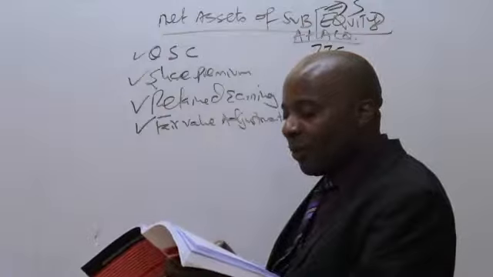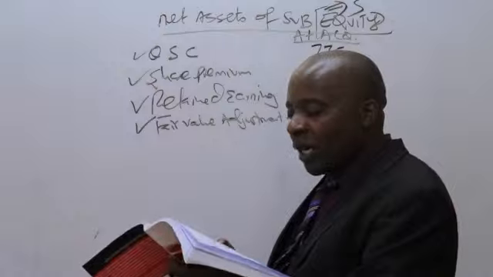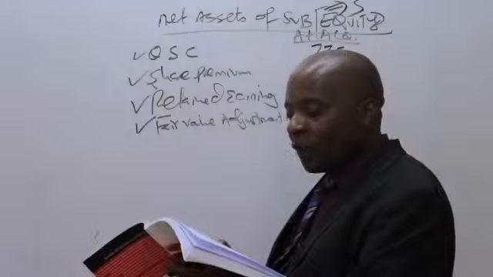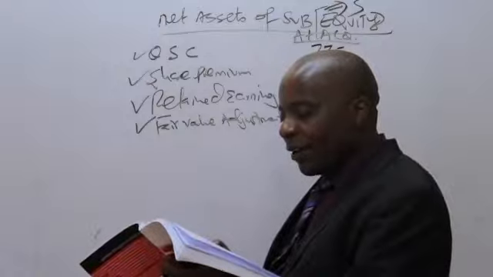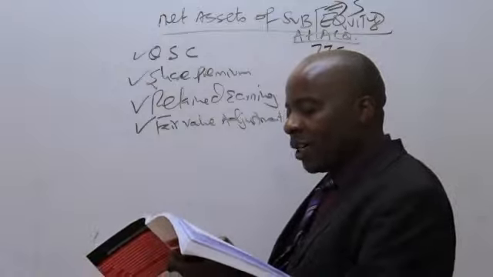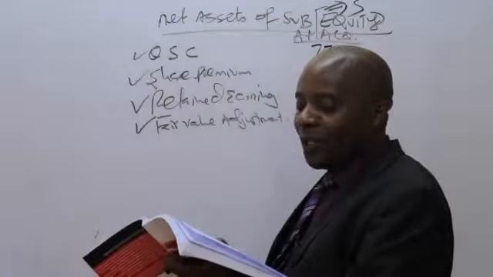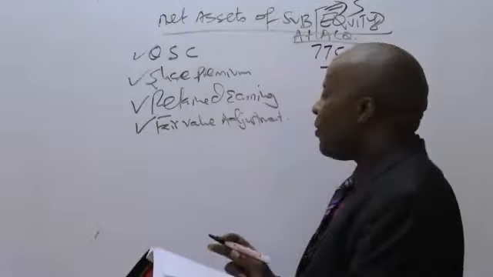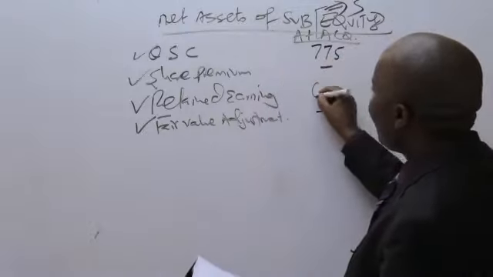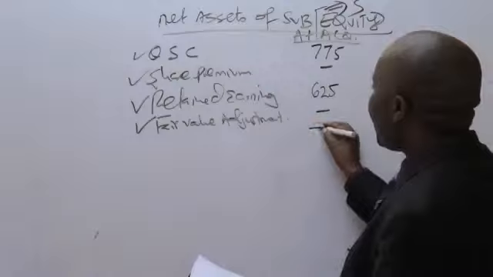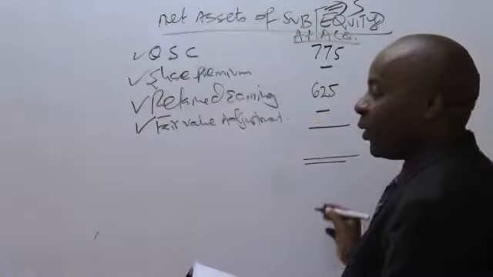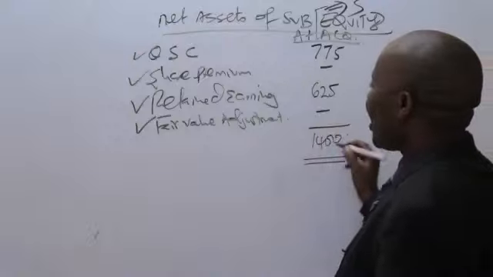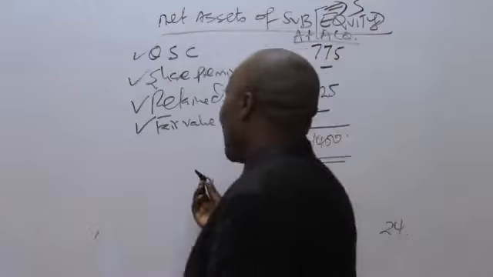Additional information wamekuambia that S Limited's net assets had a fair value of shillings 1400 as at 1st April 2016, represented by equity share capital of 775 and retained earnings of 625. So hebu niongeze hizi mbili, zinakuja 1400. Great. So unakuja na muandikia hapa goodwill on acquisition.